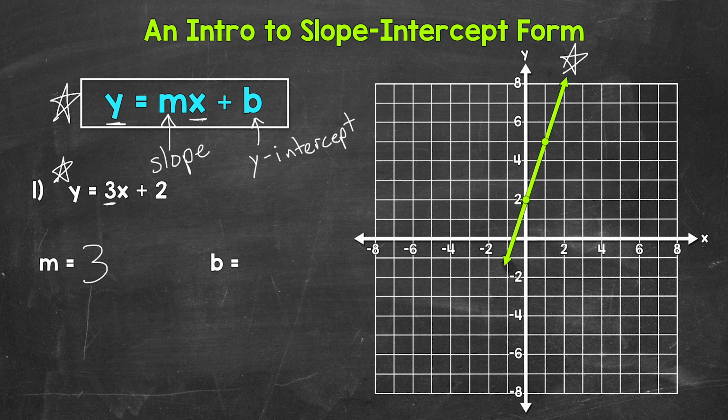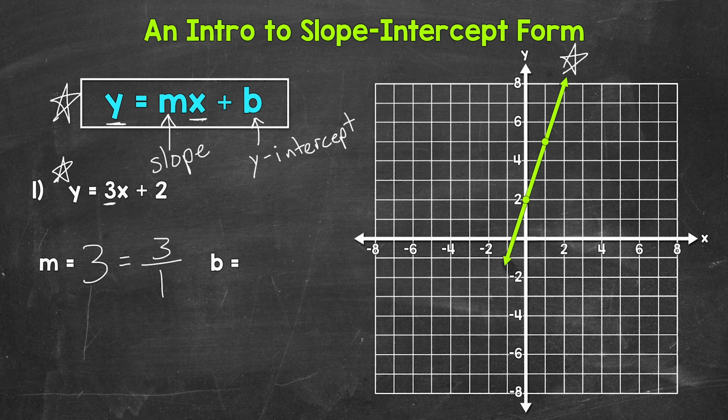So let's write this in fractional form to make our rise and run more clear. For a whole number, all we need to do is put it over 1. So we can rewrite this as 3 over 1, a rise of 3 over a run of 1.